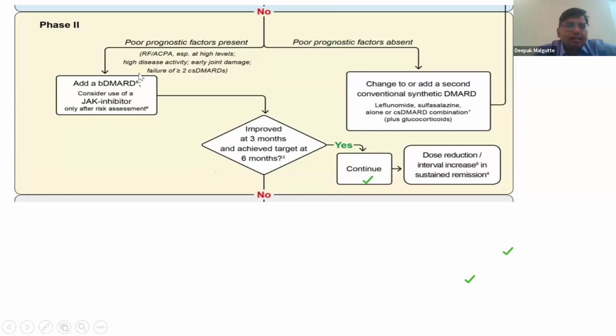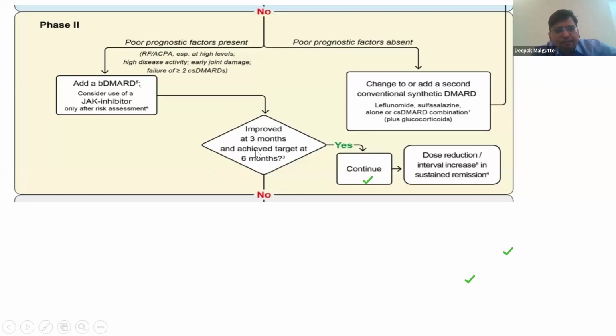In such a scenario, EULAR or ACR recommends directly starting either a biological or a JAK inhibitor in these patients. But still in India, sometimes due to cost issues, we use triple DMARD therapy here as well. And if these poor prognostic factors are not present, then you can add on therapy to the initial conventional DMARD. Like with methotrexate, we can add either leflunomide or sulfasalazine or HCQ.